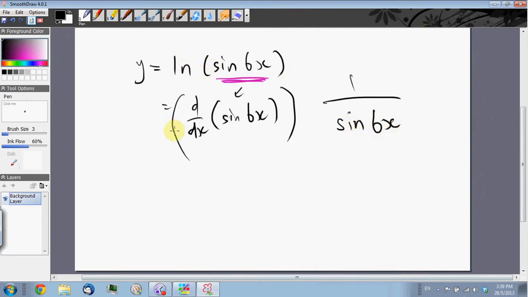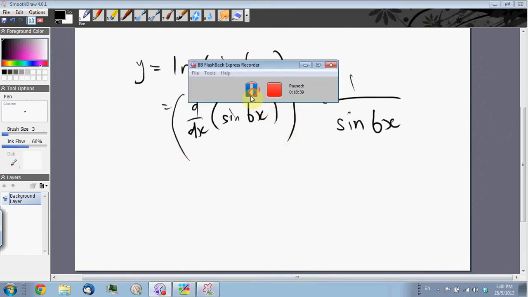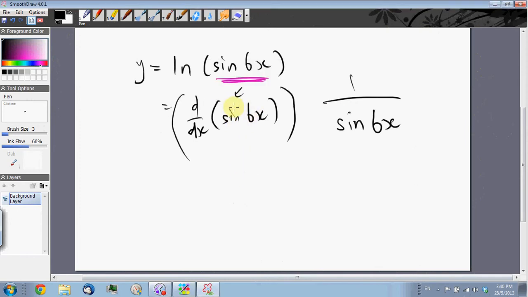Now this is the part where it gets a little complicated. Pause it first. Because to differentiate this is like differentiating another function. You can do this separately, which is differentiate sine 6x.